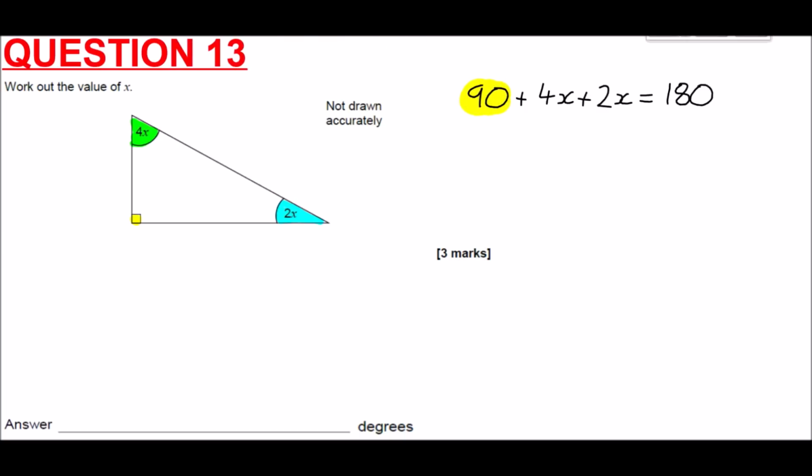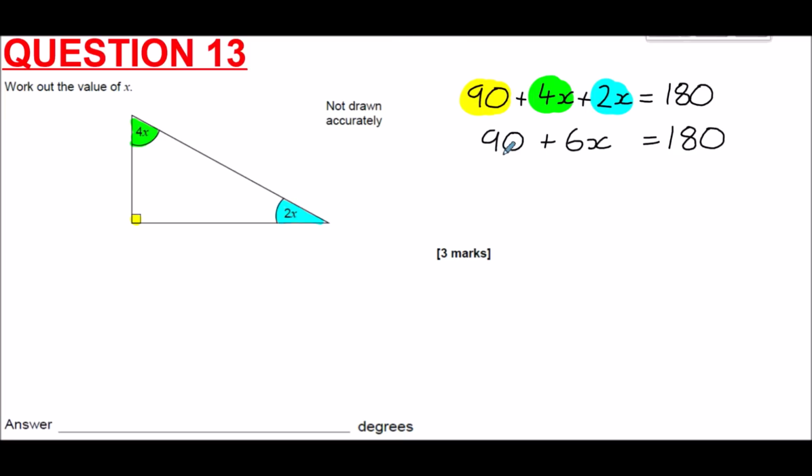And so what we can do is we can simplify the left-hand side of this equation. So we've got 90, obviously, but 4x plus 2x in total gives us 6x's. And that equals 180. And so now we just need to solve this equation and work out what x is.